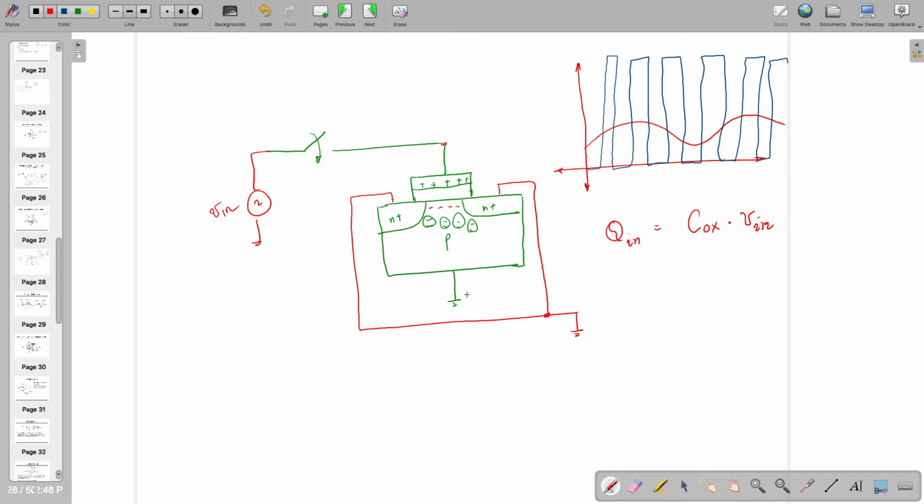Okay. Now I am doing something: I'm going to connect this to a VDD by keeping this off. What is going to happen?